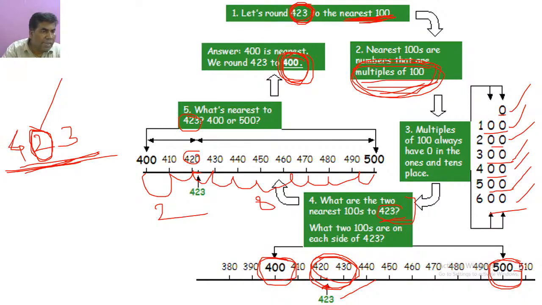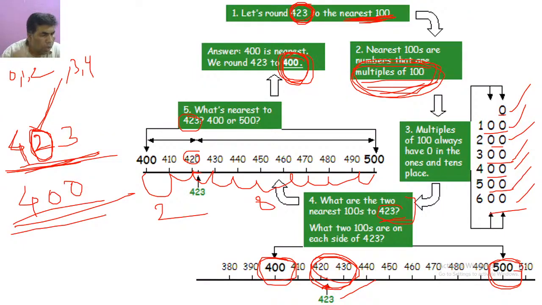Or directly we can tell by what is in the tens place: 2. Already we have told, if in the tens place we have 0, 1, 2, 3, 4, we have to round it down. So directly we can write 400.